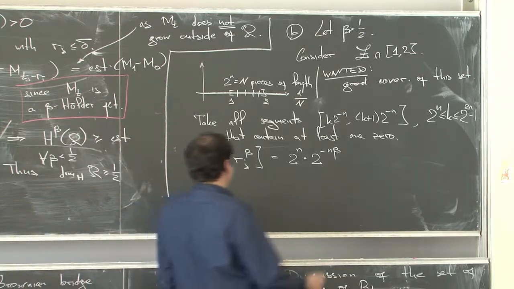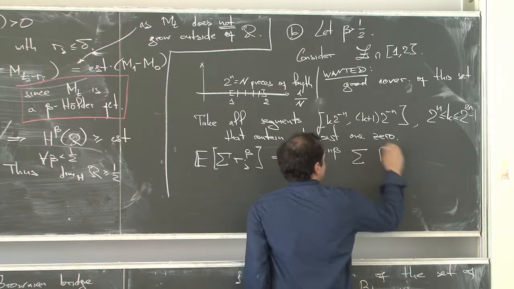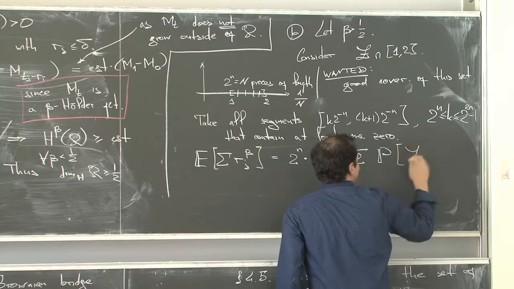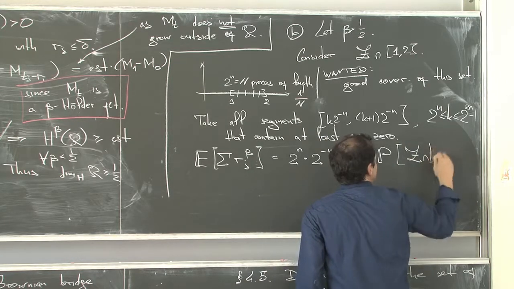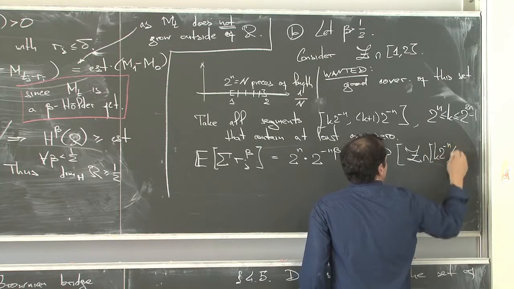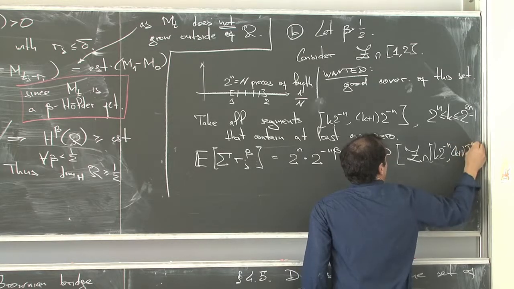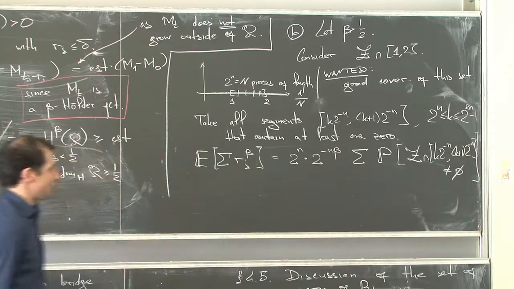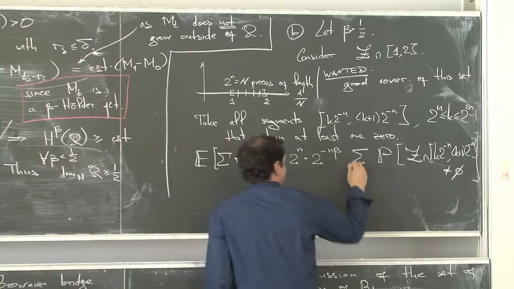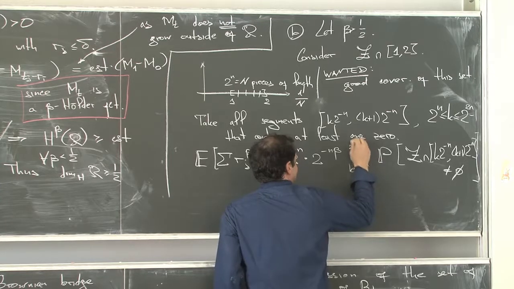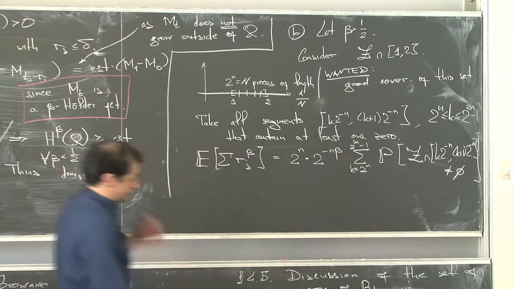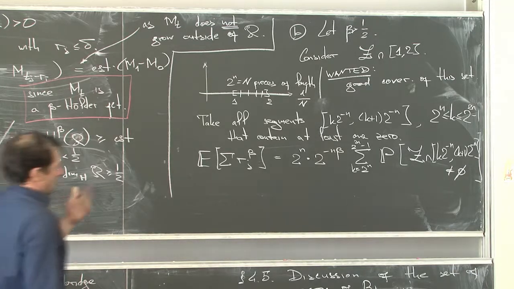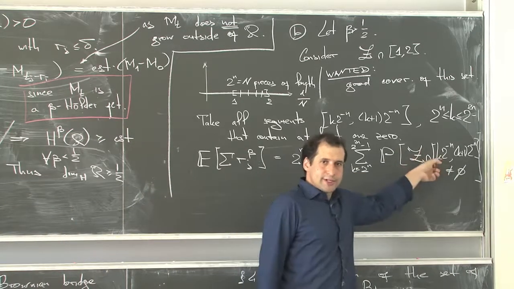And then I have a sum of the probabilities that my zero set intersected with this small segment is non-zero.